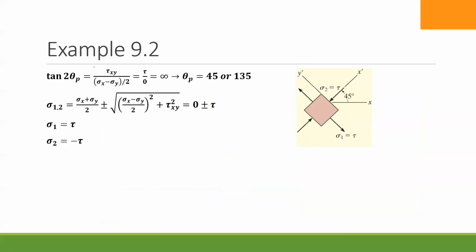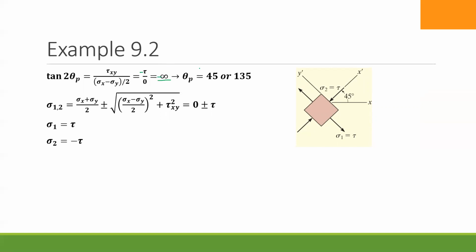So I write tangent 2 theta p. You can see I put the minus in here. So I write minus 2 tau, and 0 divided by 2 is equal to 0. Minus 2 tau divided by 0, I get negative infinity. So at which angle is tangent infinity or negative infinity?